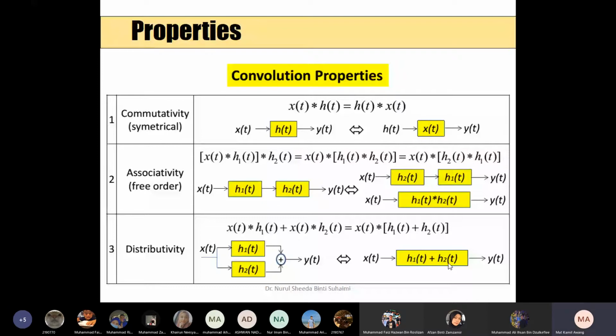Or you can switch h2 of t and h1 of t, the order. So that is the associative property of the convolution.